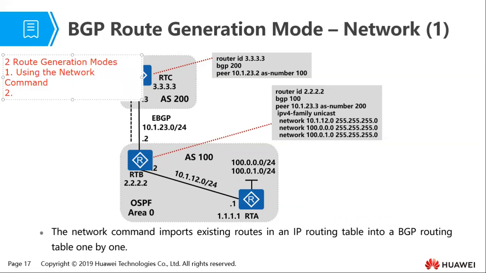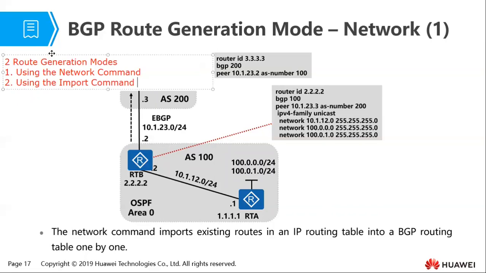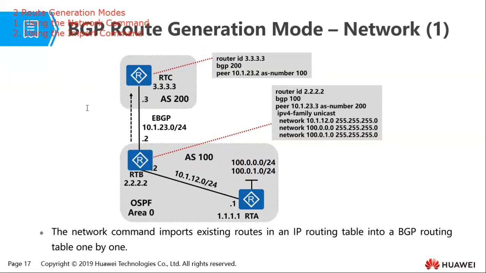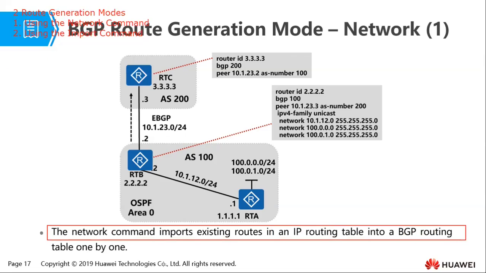Number 2 is using the import command. So let's begin with the network command. The network command imports existing routes in an IP routing table into the BGP routing table one by one.